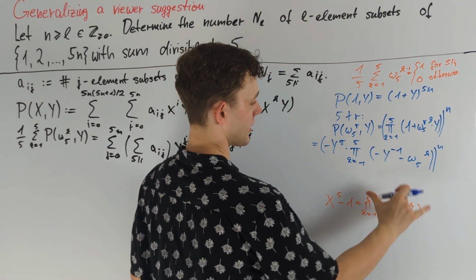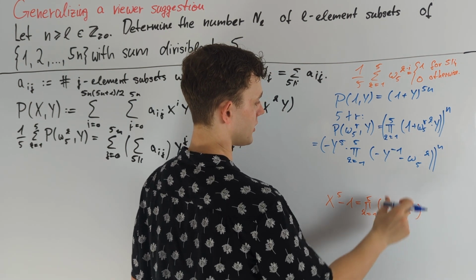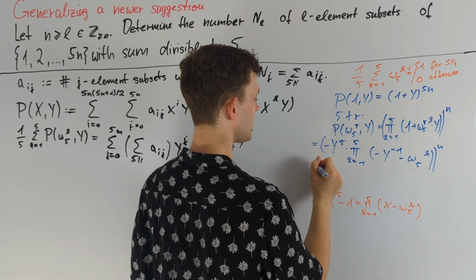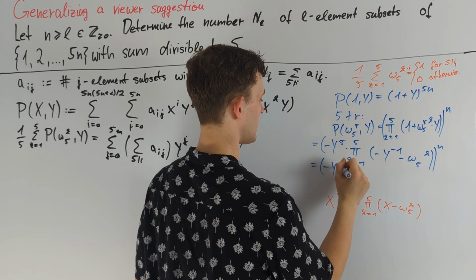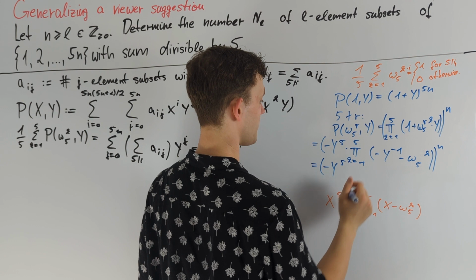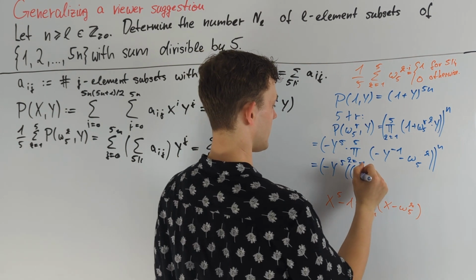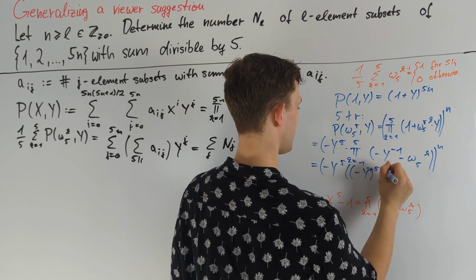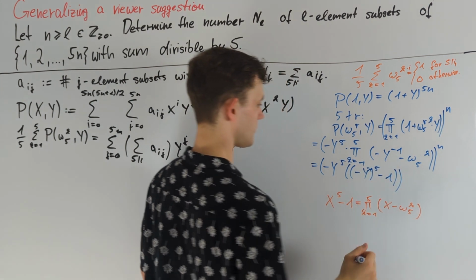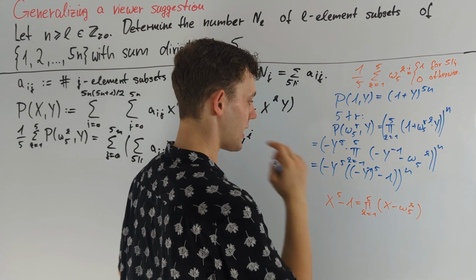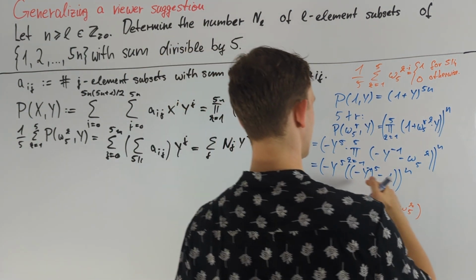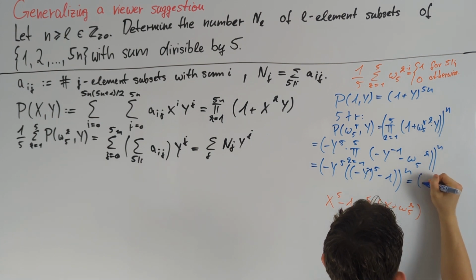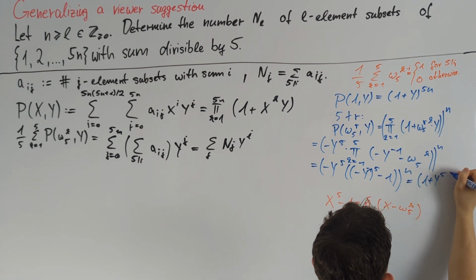And then we are exactly in this form here with x equal to (−y)^(−1). And so we get ((−y)^5 times ((−y)^(−1))^5 − 1) all to the power of n. And this right here is just (1 + y)^5, all to the power of n.